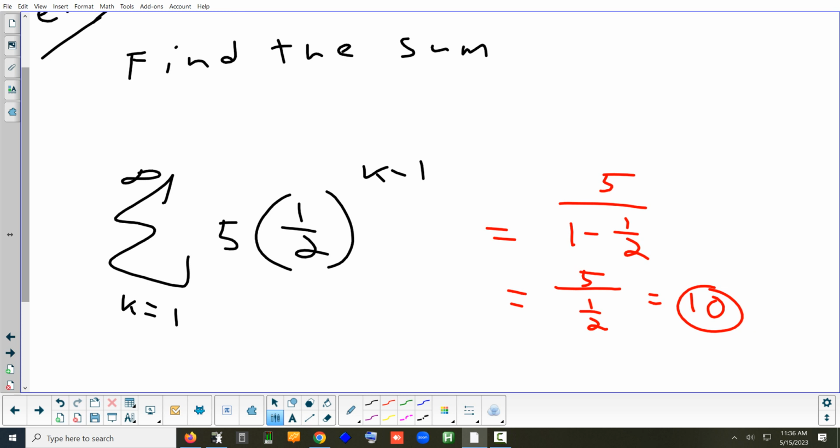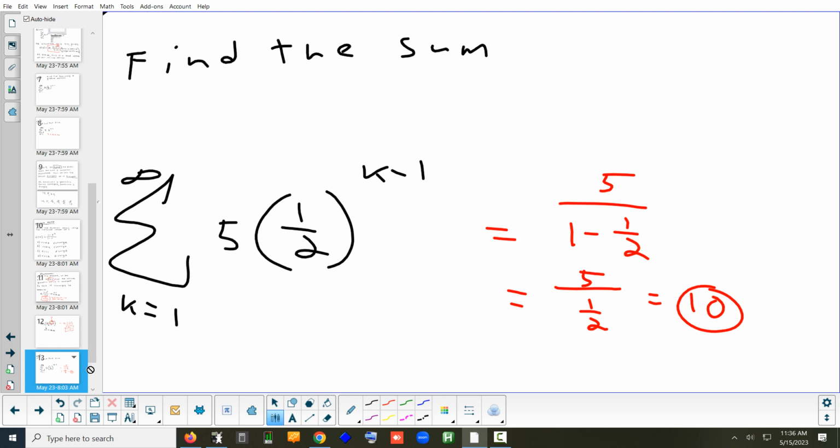If you were to add up all the terms in this summation to infinity, it would approach 10. And if you actually could go all the way to infinity, it would be 10. And that's how you find the sum of an infinite geometric series.